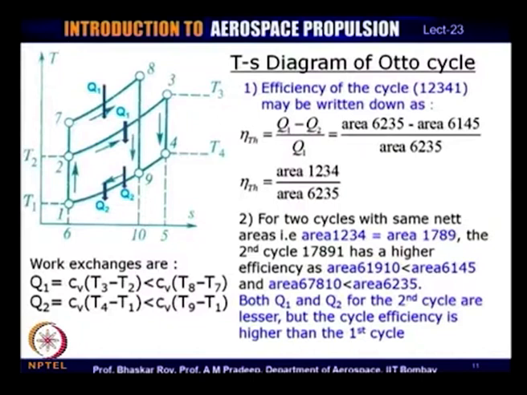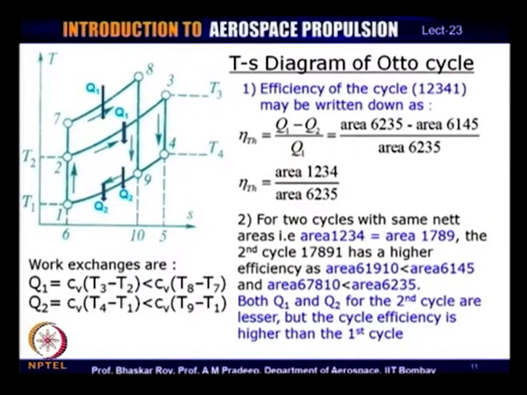So, let us say two designers have created these two different cycles. What happens is, the second cycle, which is 1, 7, 8, 9, 1, would actually have a higher efficiency, and this higher efficiency is because the area 6, 1, 9, 0 is actually less than the area 6, 1, 4, 5.